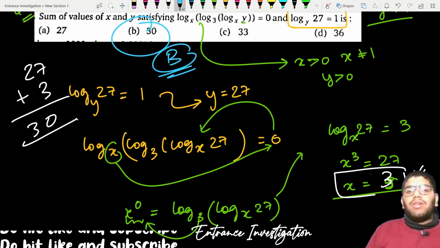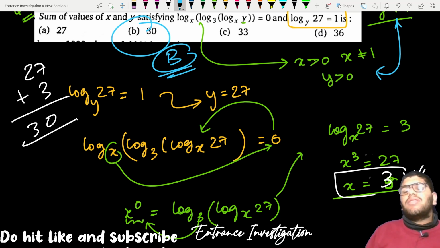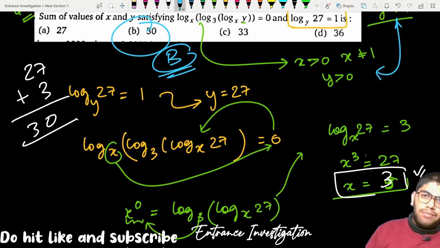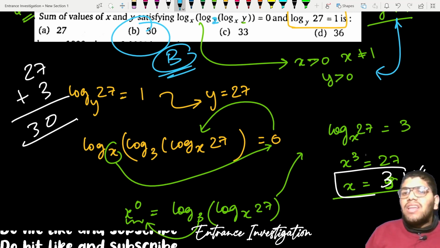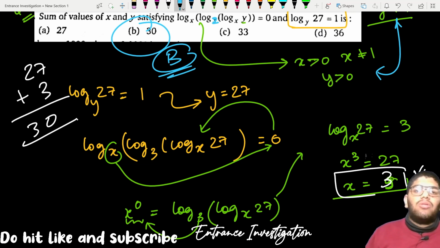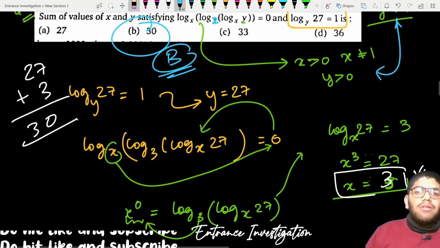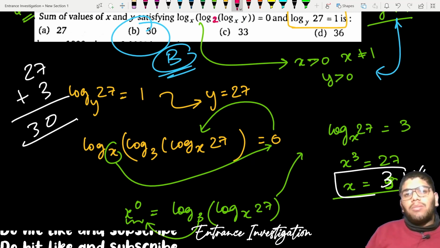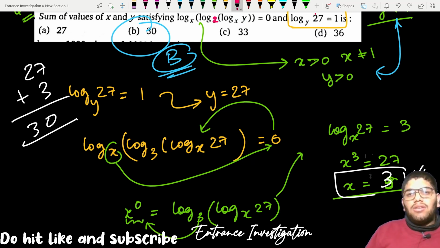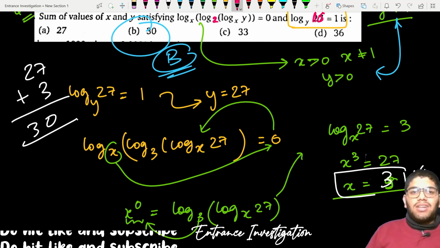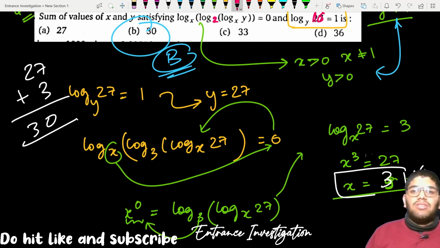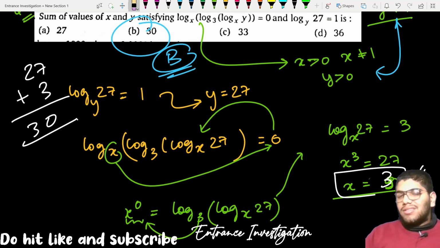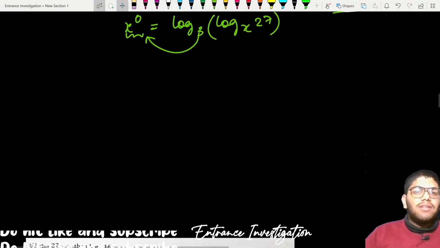Even if you don't look at these conditions, it would still work out, but the catch is that if here there were a 2, then you would have to look at these conditions too, because you would get 2 values of x. Here it's a cube, so the values are fairly simple. So viewers are requested to solve this problem taking this, and you can sum up the values and tell me in the comment section if you find it interesting. Okay, so that's great, and we can move ahead.